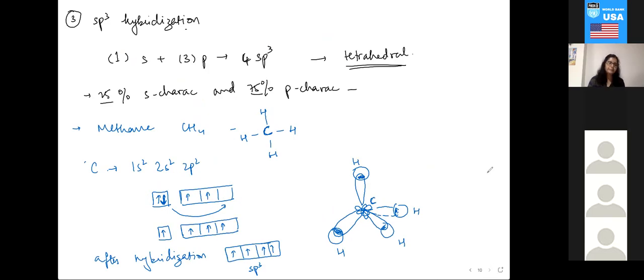I'm still a little confused about how to identify if it's sp or sp2 or sp3. It depends on how many hybrid orbitals you require. So I'll just put all the compounds side by side for comparison, so that will be easy for you to check also.